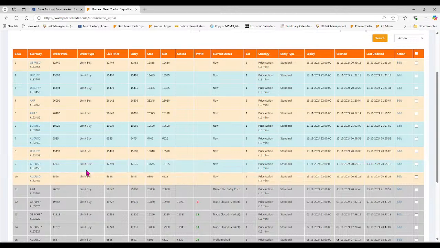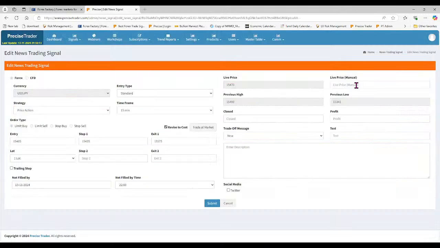See whether you can get it 18. Okay, dollar yen is filled, huh? Dollar yen is filled. Okay, this is filled.